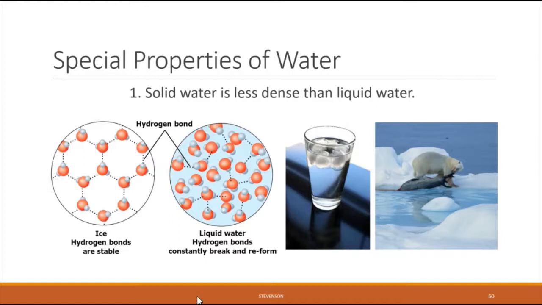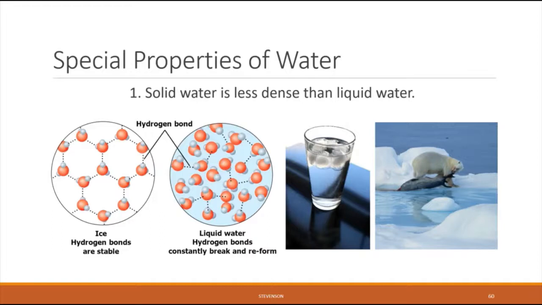In liquid water, hydrogen bonds are constantly breaking and reforming as the water molecules move around each other, but as water solidifies, the hydrogen bonds become stabilized and they hold the water molecules at a particular distance from each other. And this causes the water molecules to become spaced out more so than when they are in liquid form. The extra space that is created by the hydrogen bonds when water is solid makes the solid water less dense than liquid water and means that it floats.